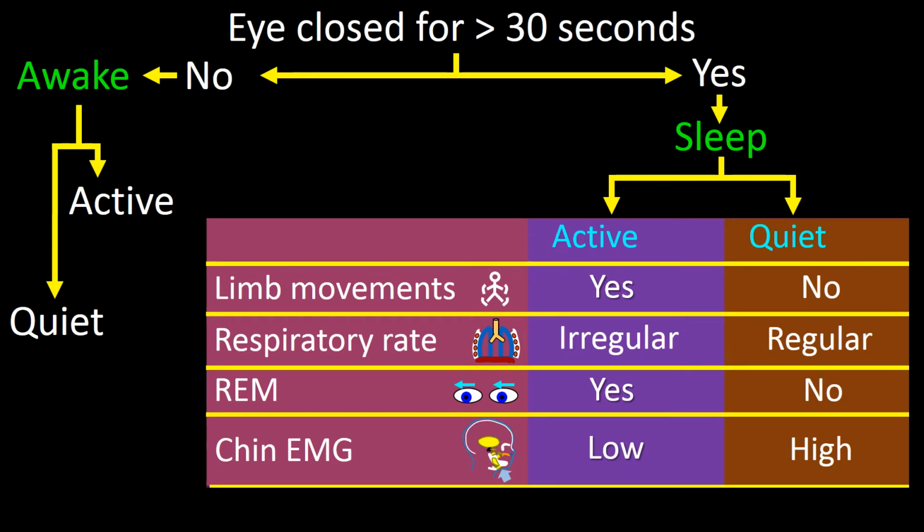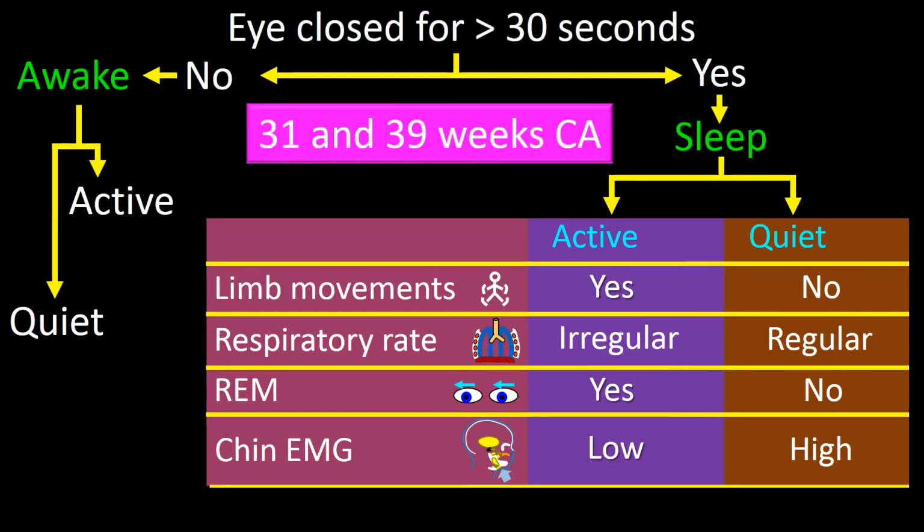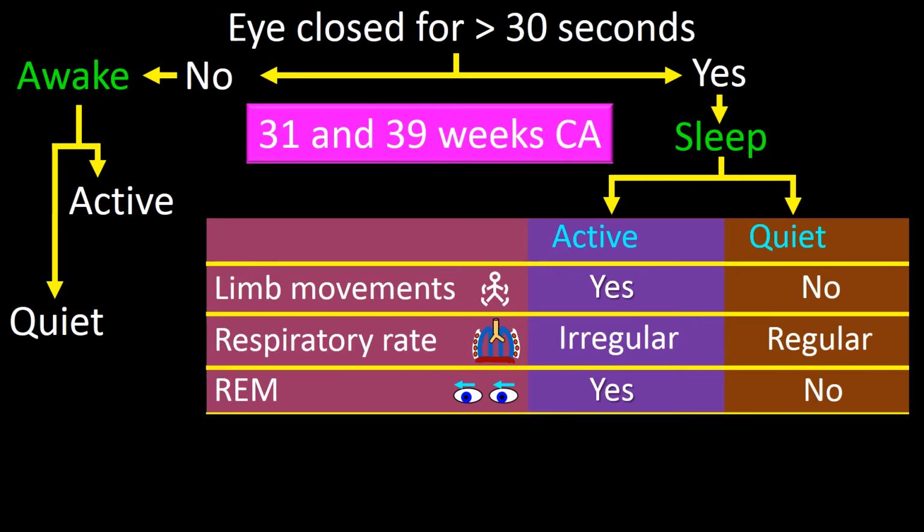Chin EMG will be low in active sleep and high in quiet sleep. Between 31 and 39 weeks conceptual age, both of these weeks included, Chin EMG is still not a reliable indicator of active or quiet sleep.